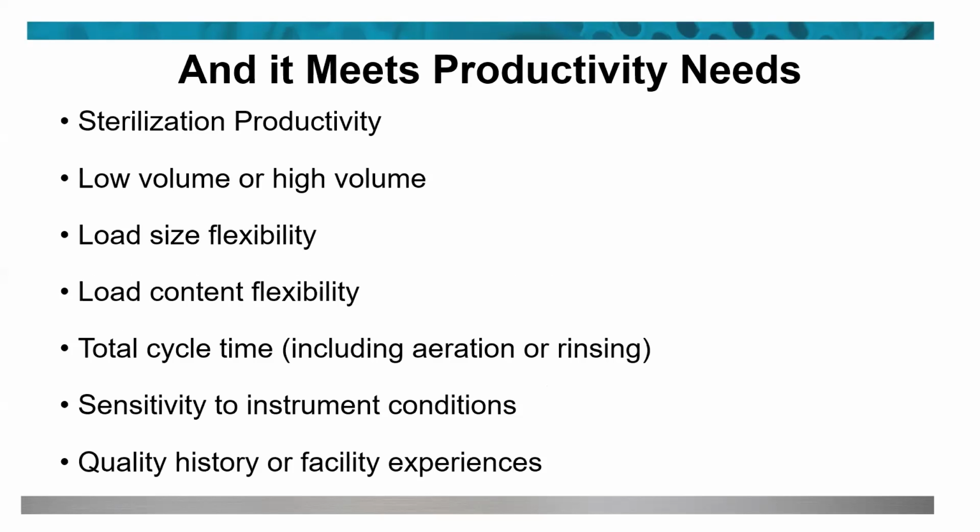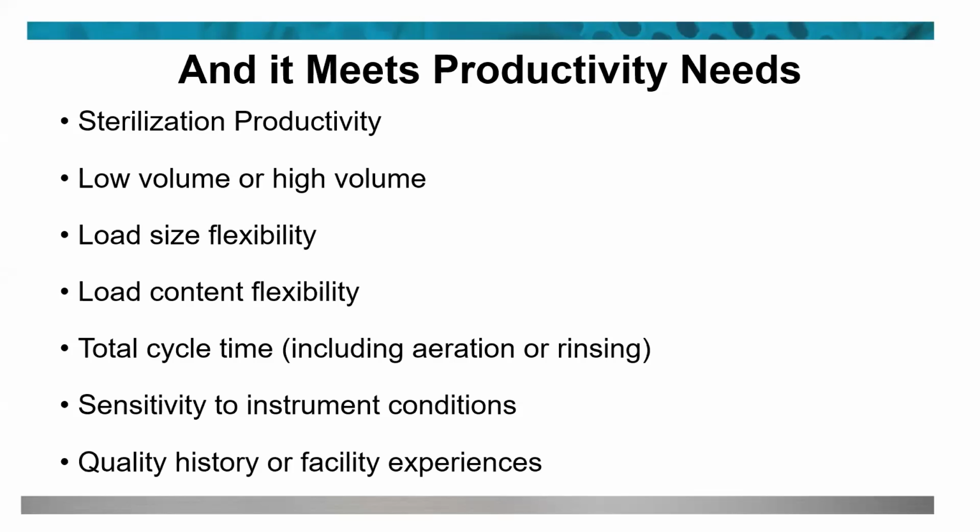Also consider the load size flexibility. Before, you had to run full chambers with the ETO, and these you do not have to run full chambers. You can run partial chambers if you need to. And then you want to look at the weight restrictions. There are weight restrictions on these, just like there are steam sterilizers.